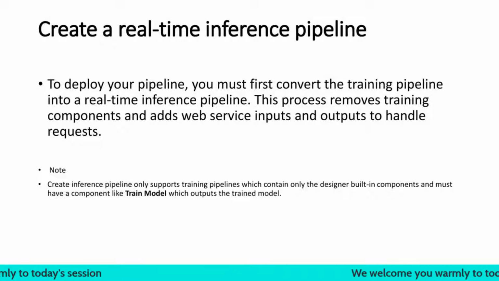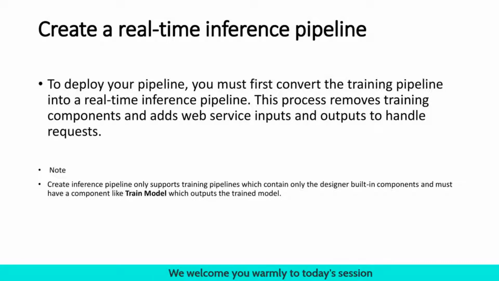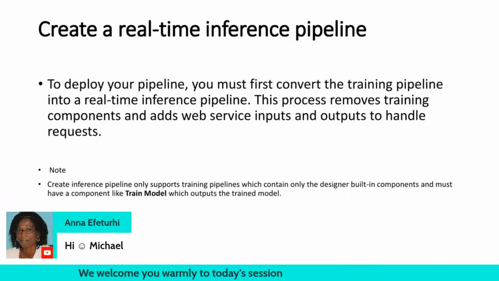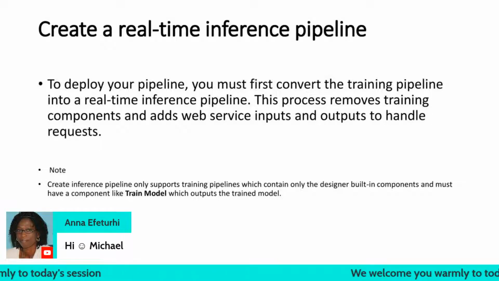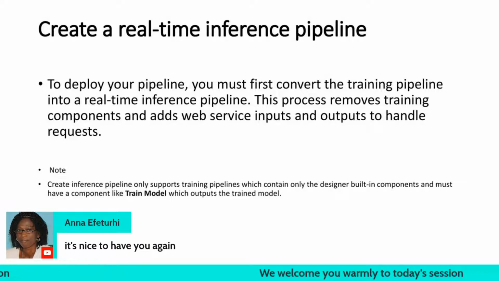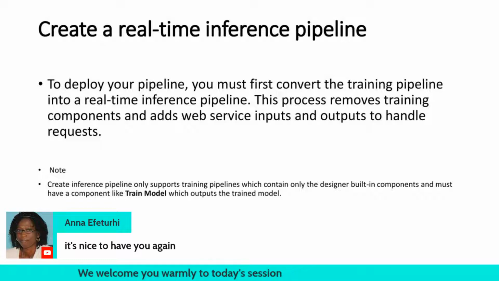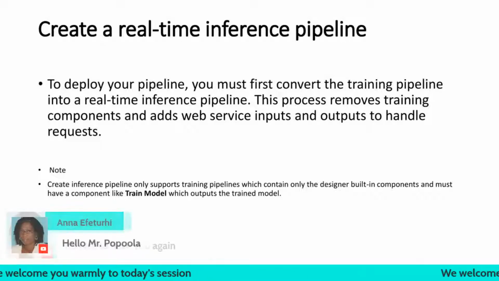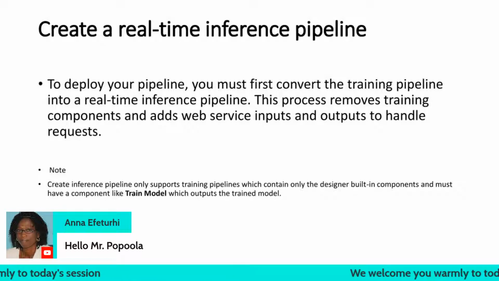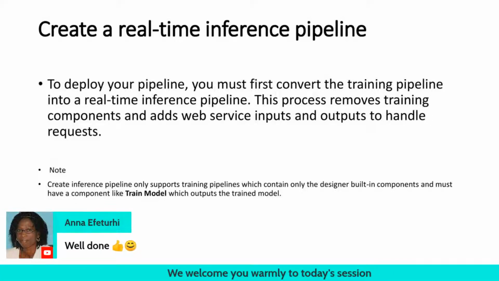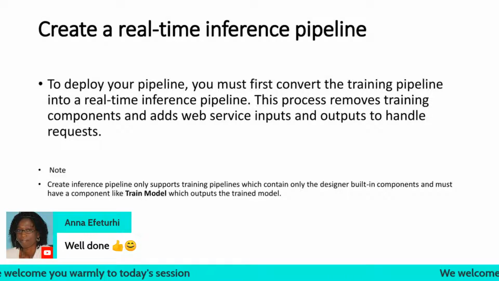The only difference is that when you convert the pipeline that was used for training into an inference pipeline, the process removes the training component and adds the web input and output to handle our requests, since we want to convert that to a web service so that other people can use it.